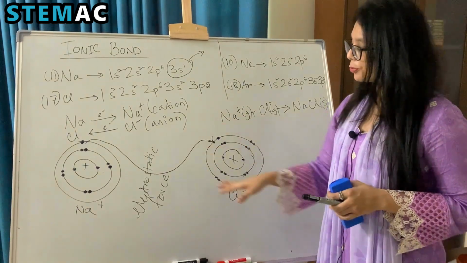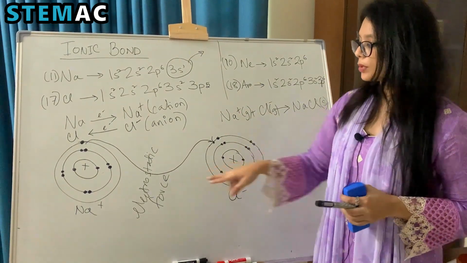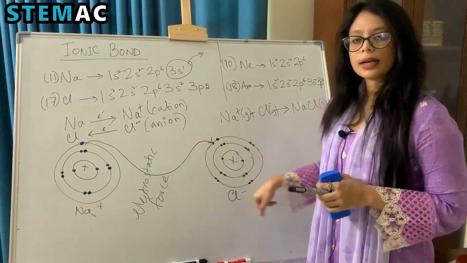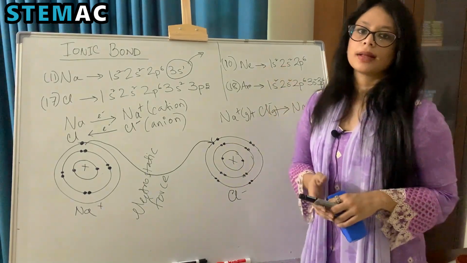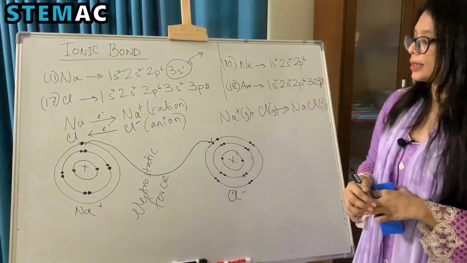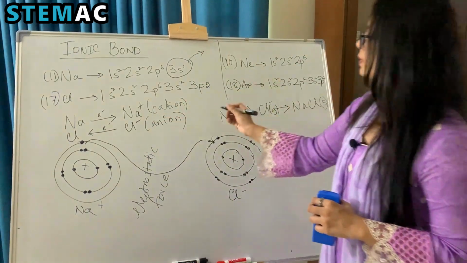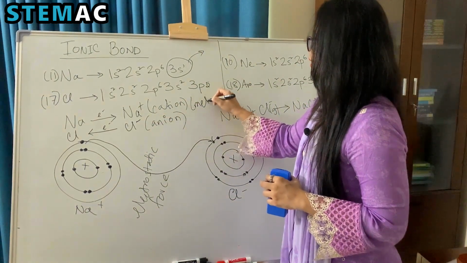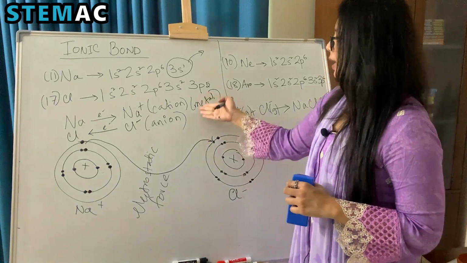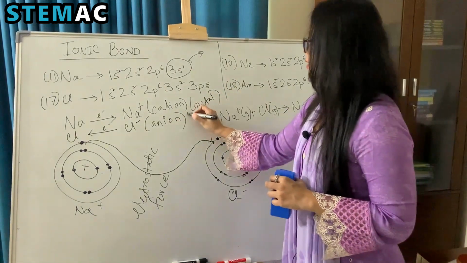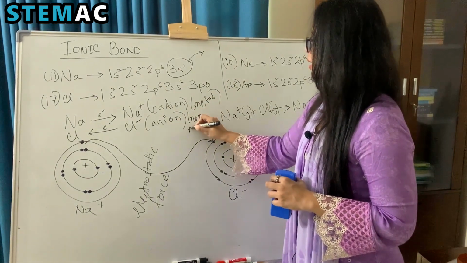The bond formed between the opposite charges by the electrostatic force of attraction is called the ionic bond. The cation in ionic compounds is always a metal. Here you can see it's sodium, and the anion in an ionic bond is always a non-metal. Here it's chlorine.